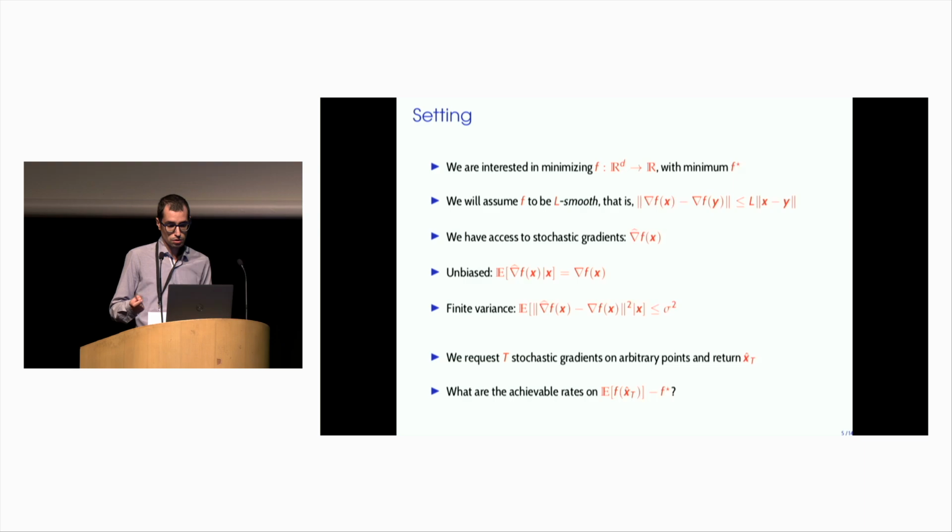We also assume that the variance is bounded by sigma squared. We consider that we have T total queries, and we want to study the suboptimality gap, meaning the difference between the value of the function at the output and the minimum of the function.